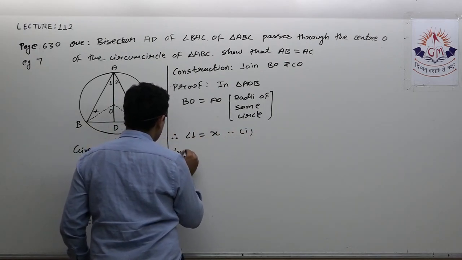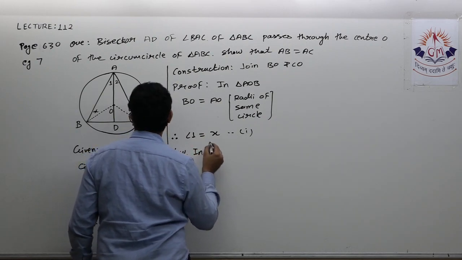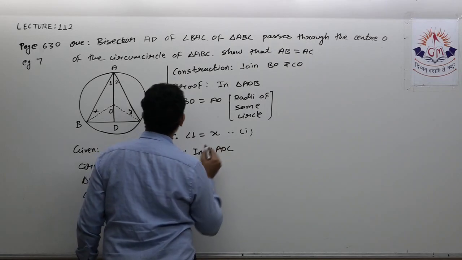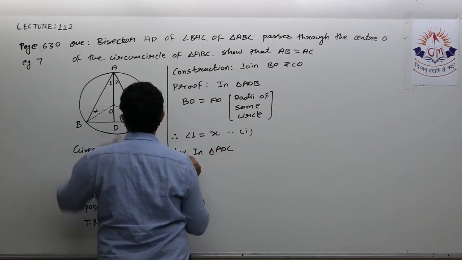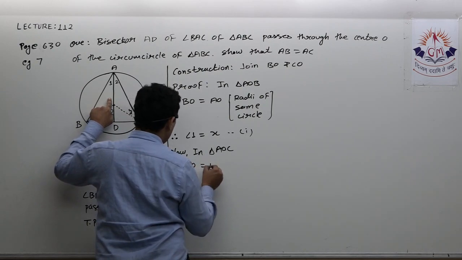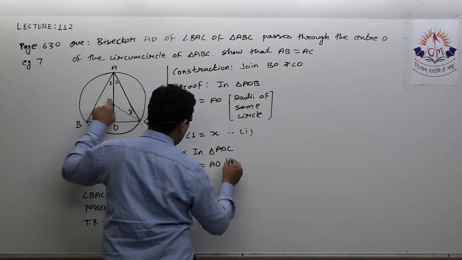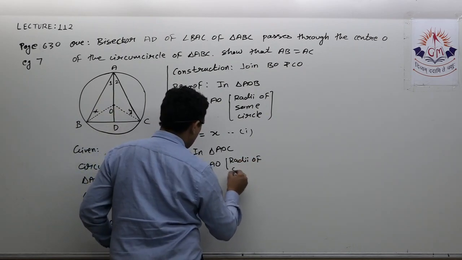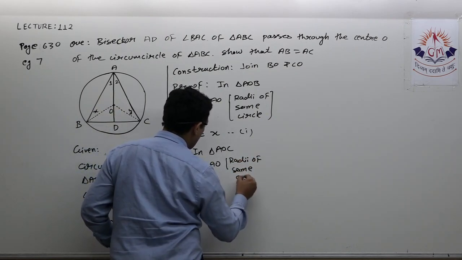Now in triangle AOC, again I can write AO equal to CO, or CO is equal to AO. Reason again, radii of the same circle.